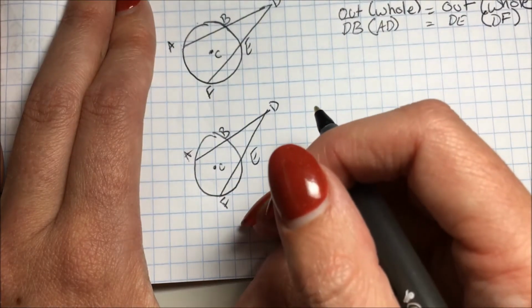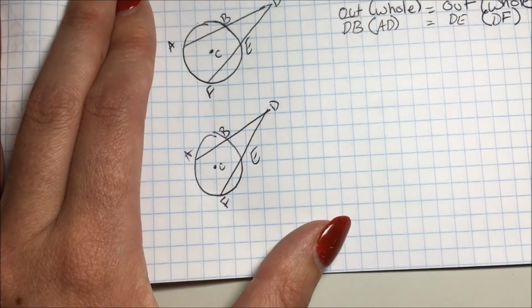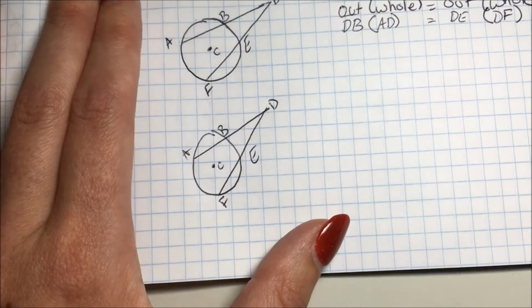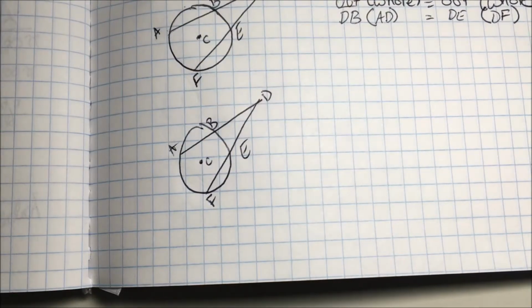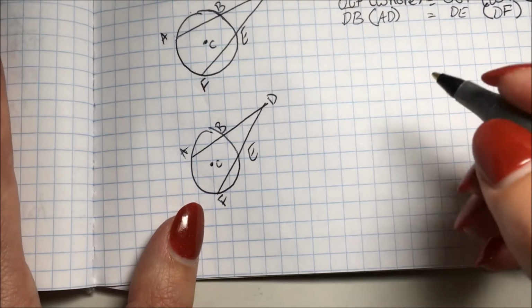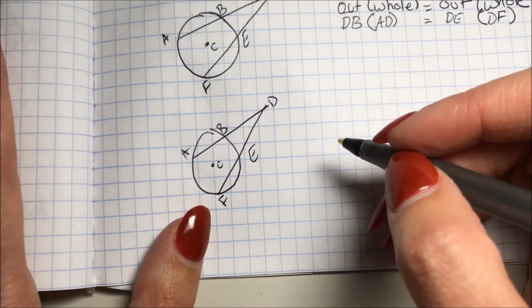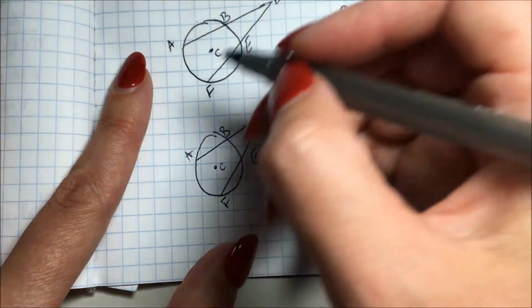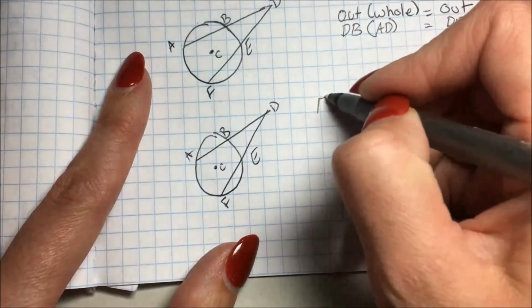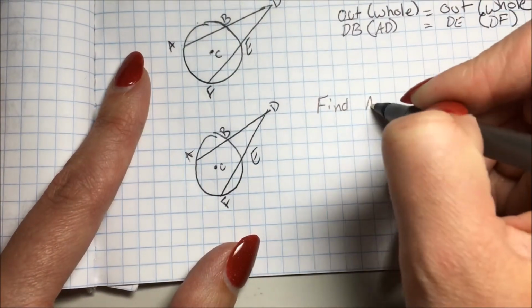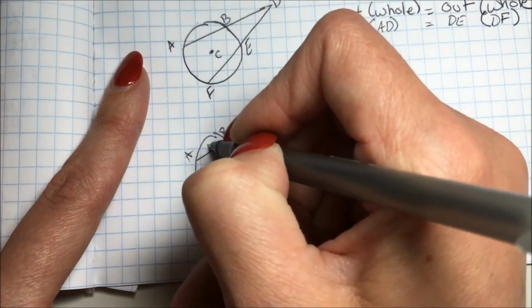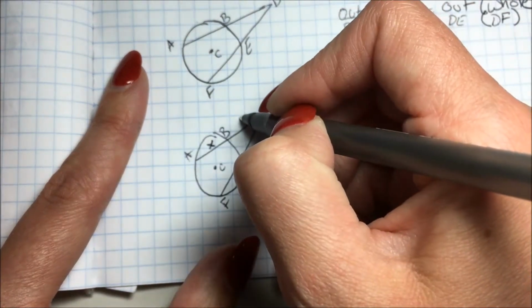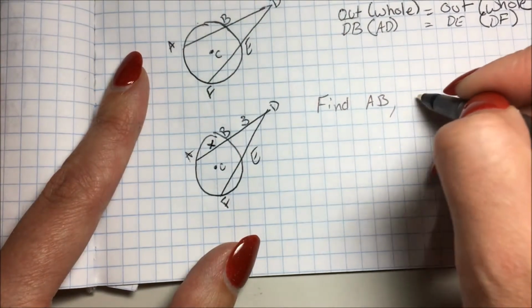Okay, if I have this particular picture here, and I'm looking at this, I know that AB is what I'm trying to find. DB is 3.